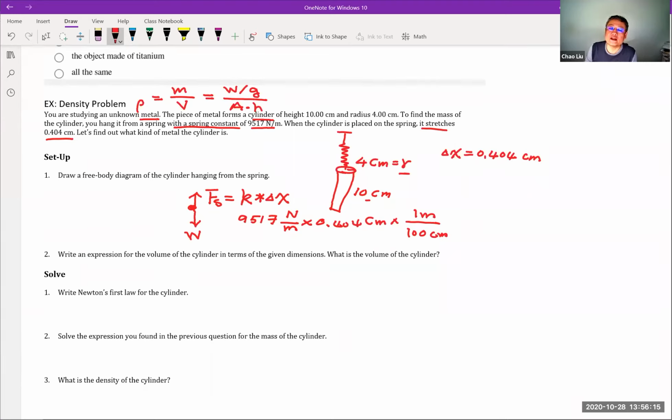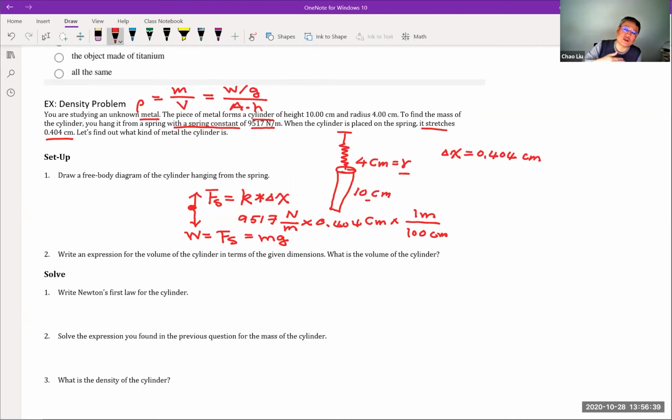And then you get this to be in Newtons. Once you get this Newton value, this is simply equal to F_s, and that's equal to your M times g. So you get the mass this way. This is how you are going to find this result.